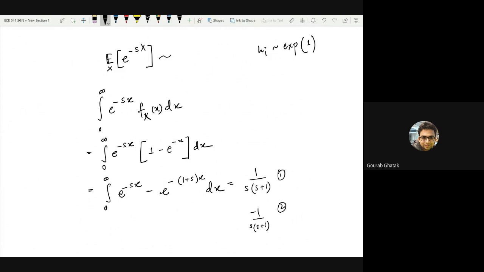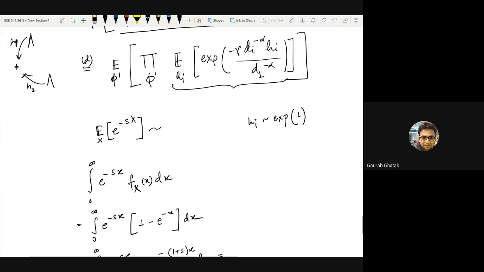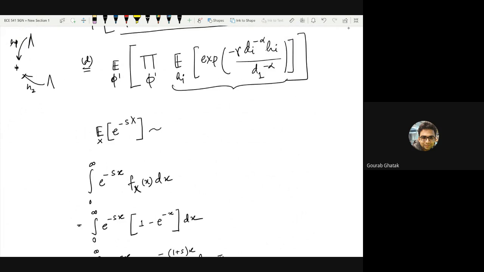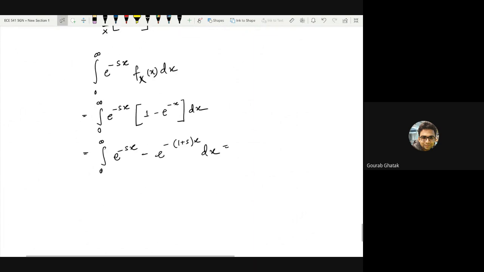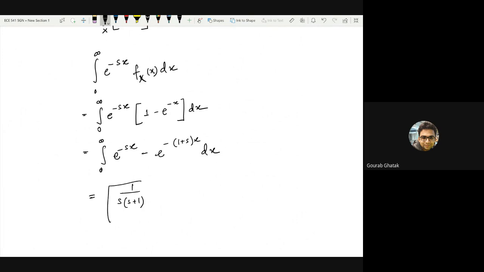Okay, try this at home. Whatever you get, just write it here. So for the moment, let me go with 1 by s plus 1. Again, this is to be verified.